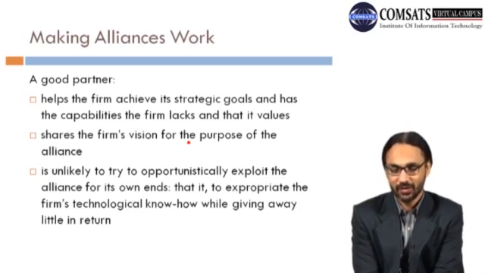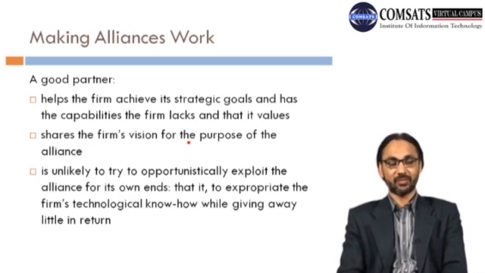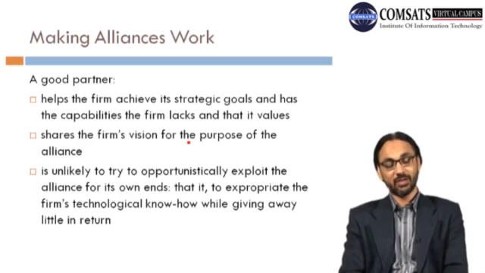These are the characteristics of a good partner: it shares the firm's vision for the purpose of the alliance, and it is unlikely to opportunistically exploit the alliance for its own ends, that is, to exploit the firm's technological know-how while giving away little in return.